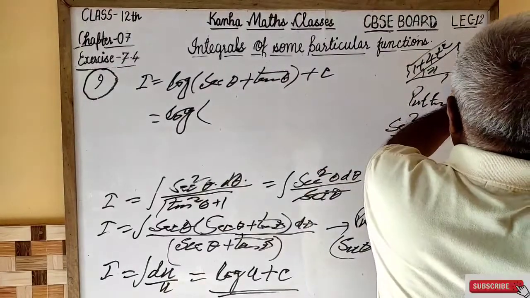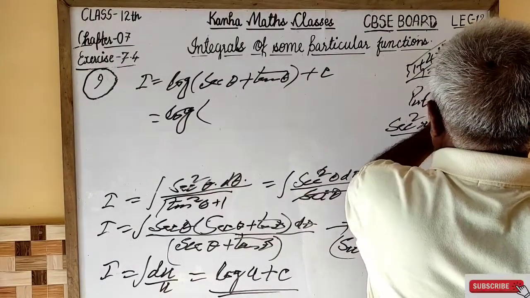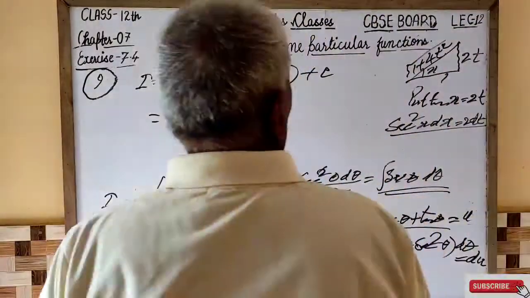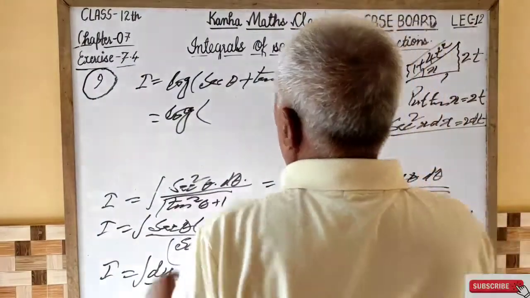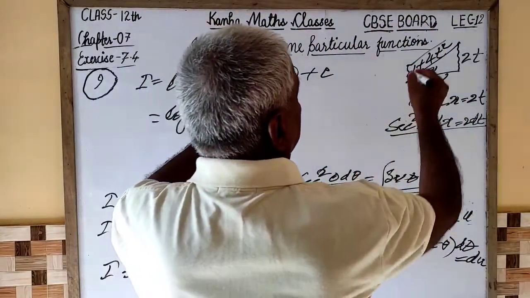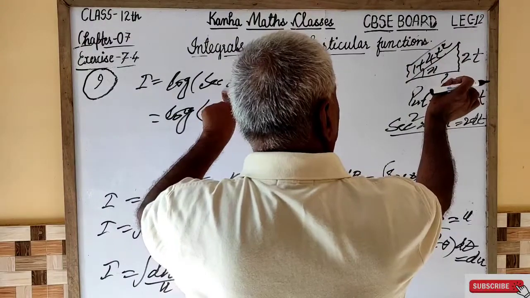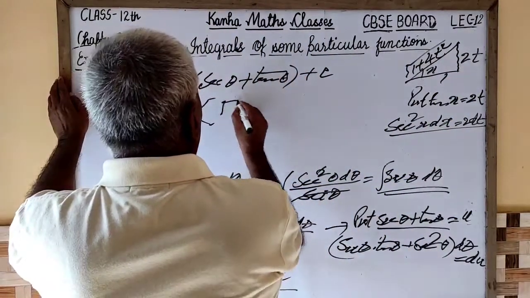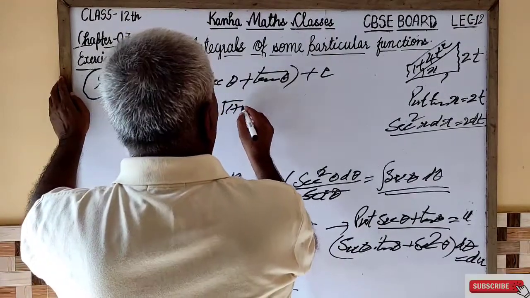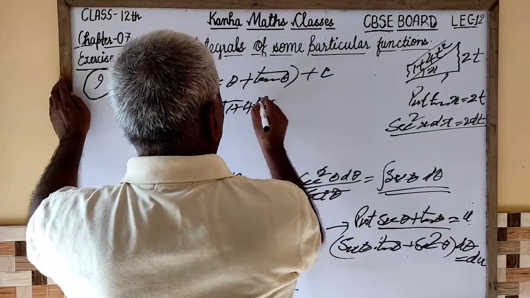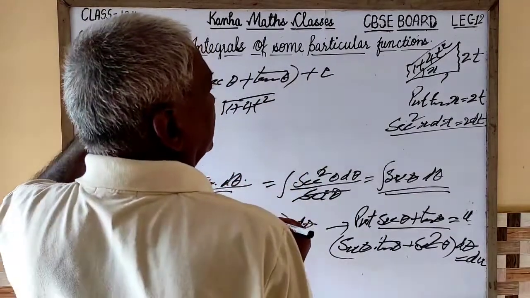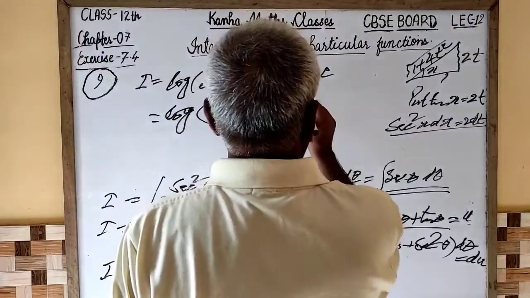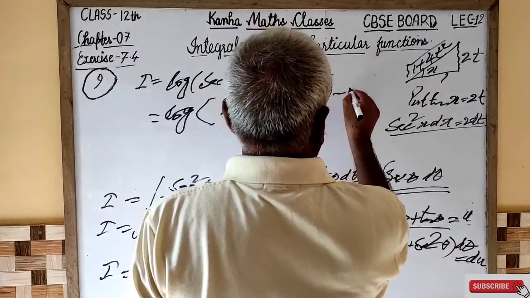Square of 2t means 4t square, and 1 square is 1, so 1 plus 4t square. So now log of sec theta, which means hypotenuse upon base, means under root 1 plus 4t square, plus tan theta means 2t, plus c.